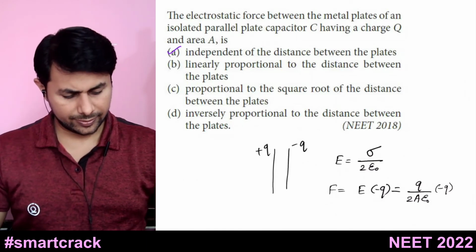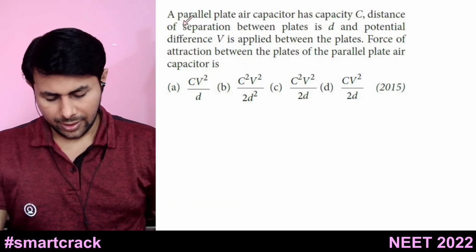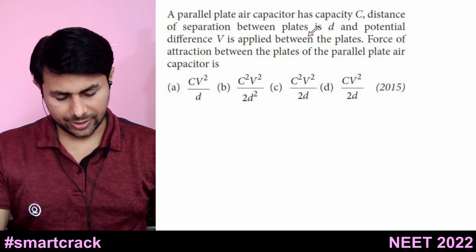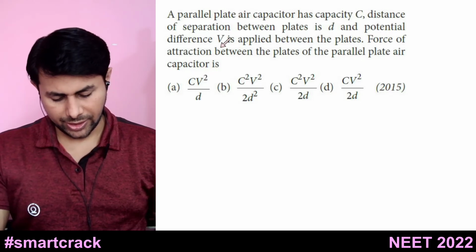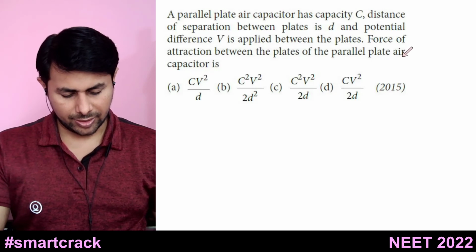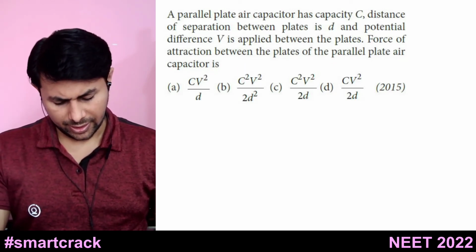All right, next question. A parallel plate air capacitor has capacity C. The distance of separation between plates is D and potential difference V is applied between the plates. The force of attraction between the plates of the parallel plate air capacitor is.